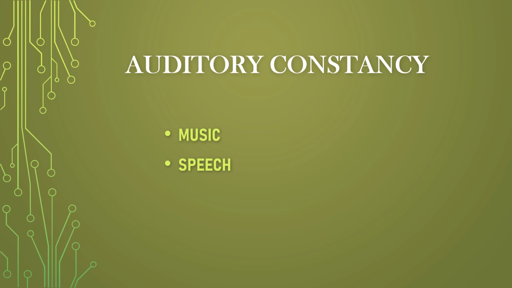We are familiar with the sound of a violin, and that perception remains constant. Whether it changes in the flow, the timbre, the pitch or loudness, whatever changes, we know that it is a violin. So that is music constancy.